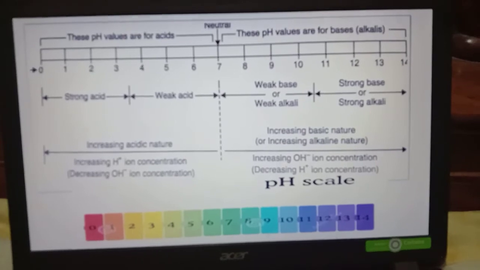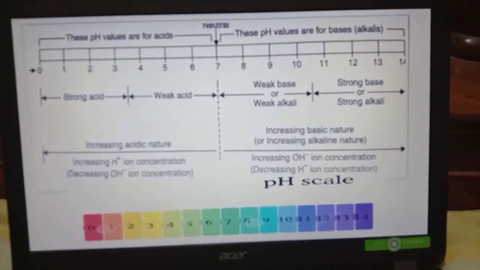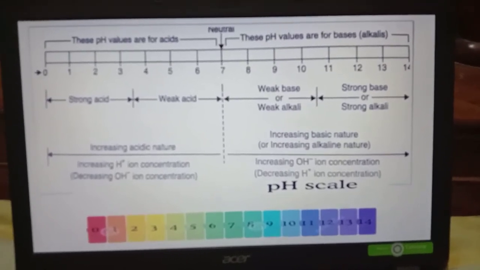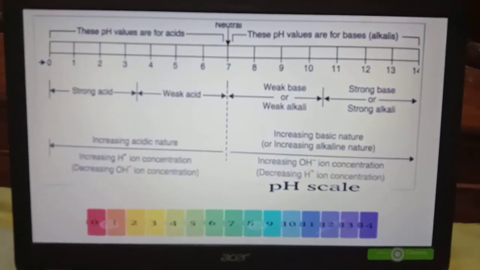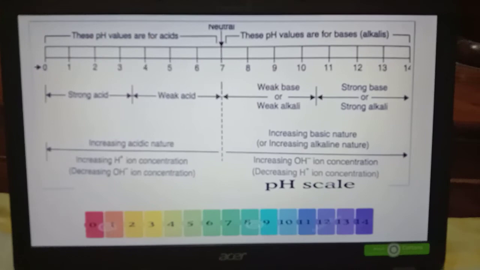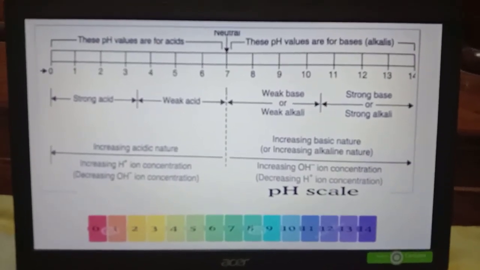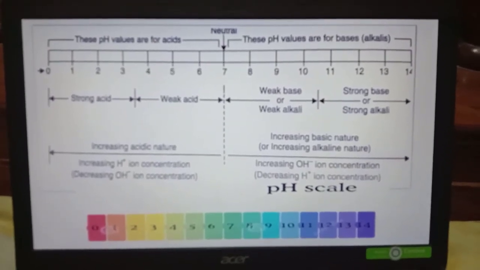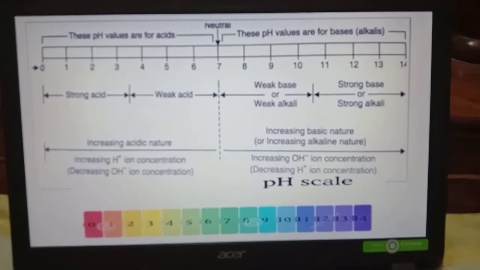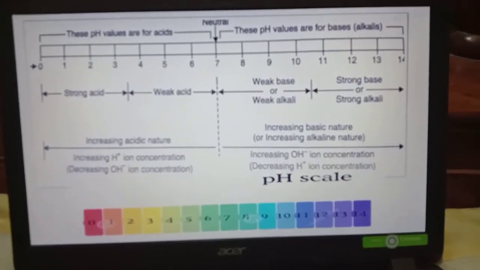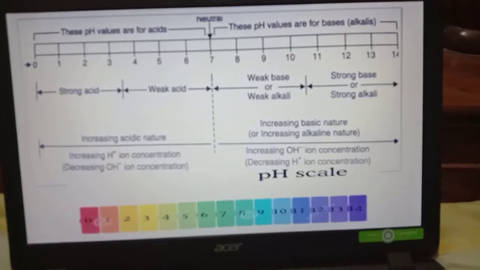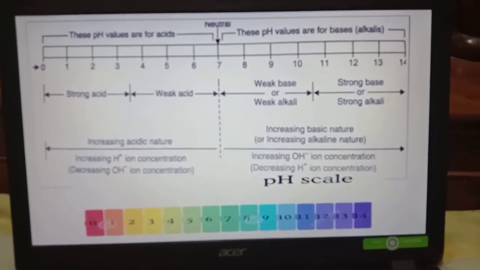In terms of hydrogen ion concentration, when we are moving from strong acid to weak acid on the pH paper, from left to 6.9, I can say there will be a decrease in hydrogen ion concentration. Concentration means quantity.